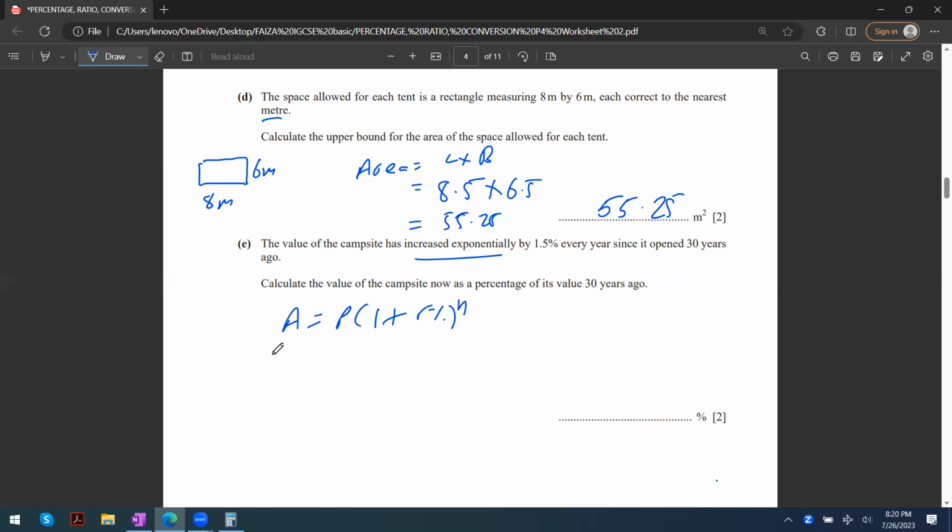So let's find the ratio A over P. Let's not worry, just keep it A over P. What is 1 plus r% raised to power n? 1 plus 1.5 over 100 raised to power 30. Let's find it out.